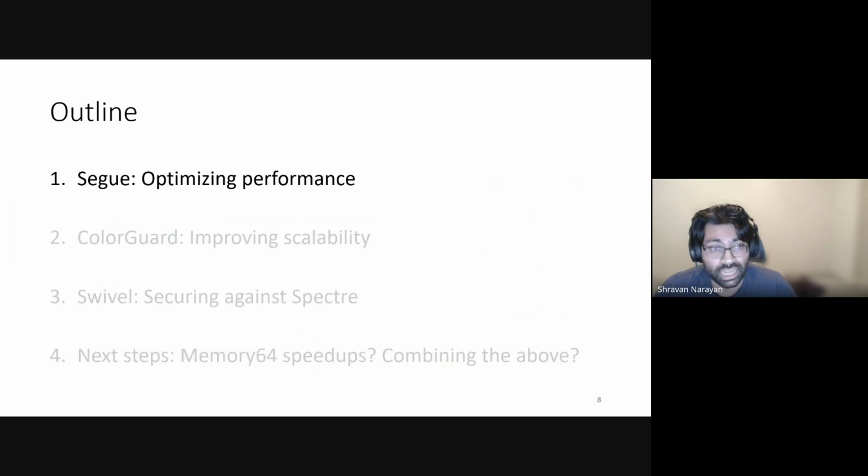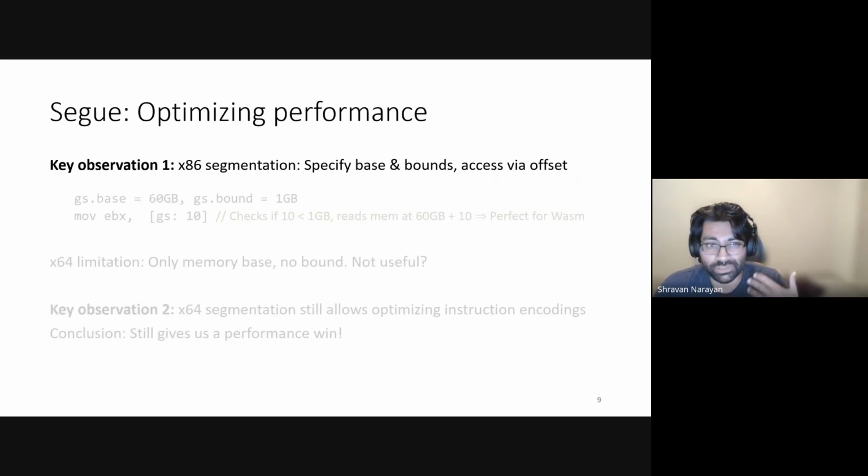Diving right in, let's start with Segue. Segue is about optimizing WebAssembly's access to the linear memory. The key observation powering this is that on x86 platforms, we have this feature called segmentation. Segmentation has actually been around for decades. It's relatively rarely used in today's programs, but the gist of it is you have hardware that lets you specify segments or regions, and you can specify the base and bounds.